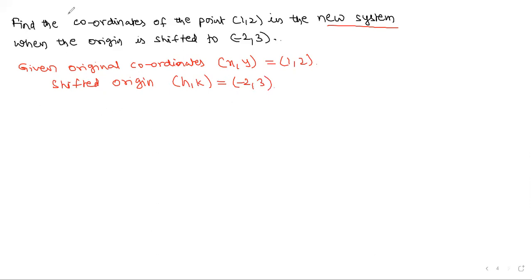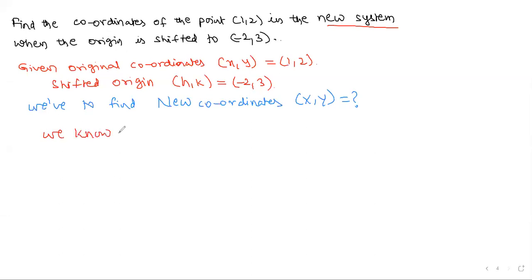So here we have to find the new coordinates, capital X, capital Y. We know the formula we just saw: capital X, capital Y equals small x minus h, small y minus k.